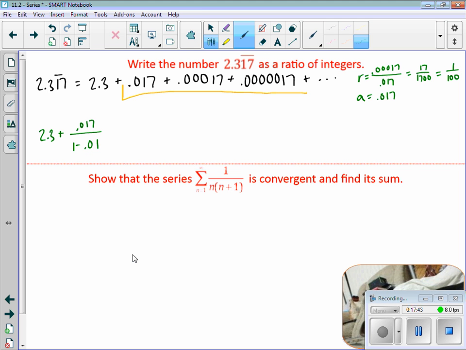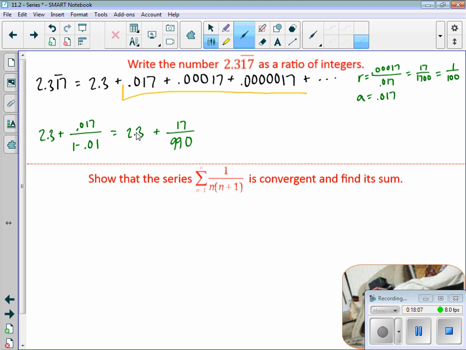And then you could use your calculator from there to reduce that fraction down, or you can do some quick mental math here. So I would multiply the top and bottom by 1,000, and it'd give me 17 on top. And this is 0.99 times 1,000 to give me 990 on bottom.